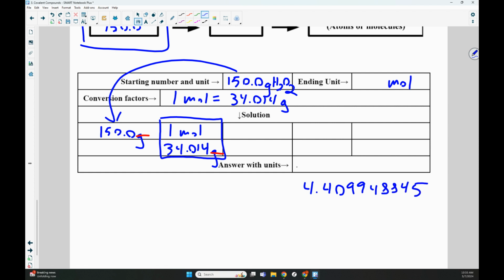Okay, when I look at my starting number in unit, I see that it's got 4 significant figures using my Atlantic Pacific rules that we learned about earlier in the year. So I need to round the 4th digit over here up. So I look at the 9, the next digit over is greater than 4, and so that tells me to round it up. So this is going to become 4.410 grams. And that is my answer.